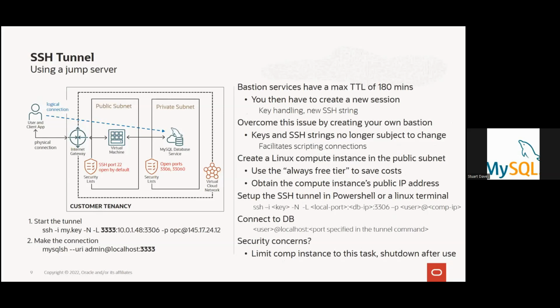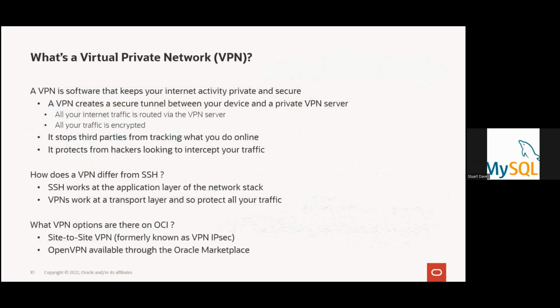Then what you can do is create an SSH tunnel through that instance. Again, what I've shown here is how to do that. The syntax is slightly different. You'll notice that we've got an opc user and an IP address for the virtual machine there. The opc user is the standard user for an Oracle Linux compute instance. Once you actually create the tunnel, the process is exactly the same.